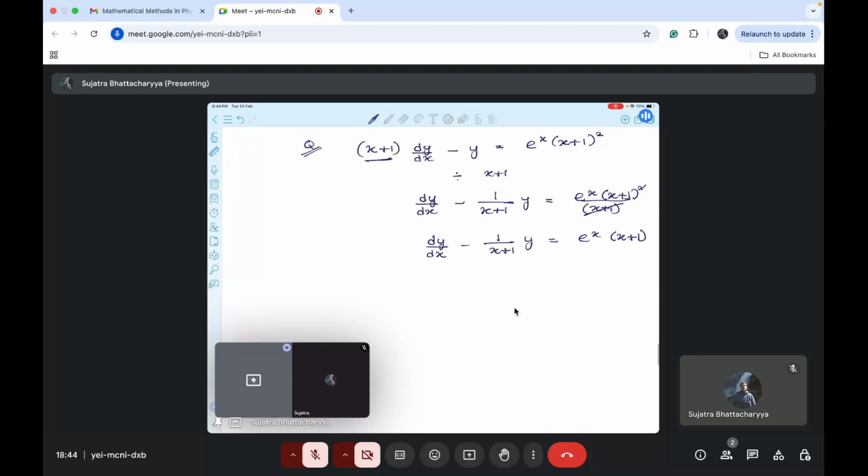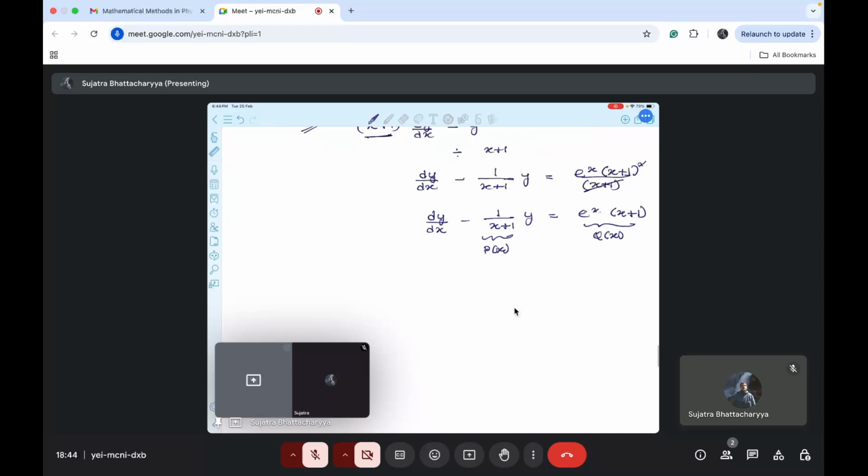Alright. So now you can see that on the right hand side it is only a function of x. On the left hand side, with y there is a function of x, and with the derivative there is nothing, only 1. Fine. This is now the converted differential equation.